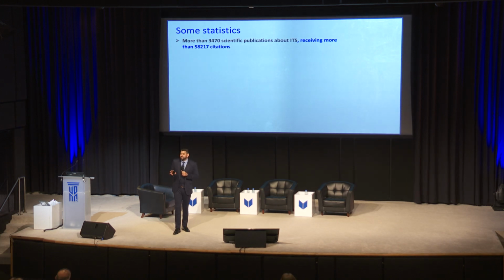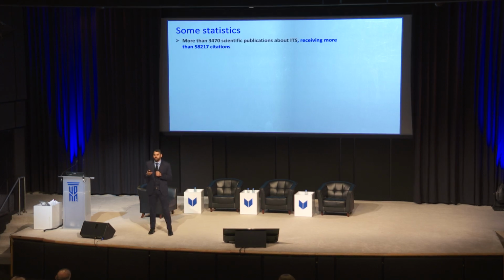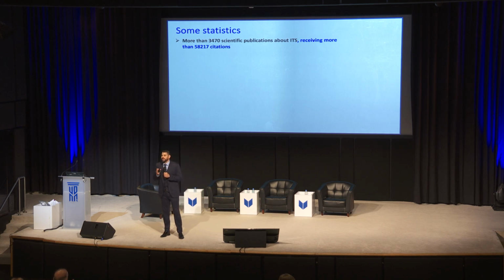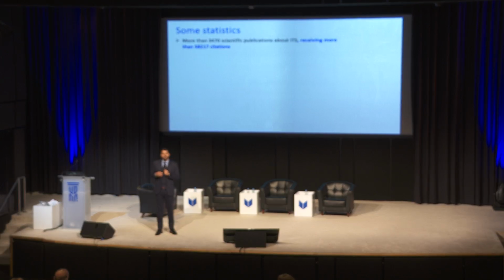I have some statistics about the use of AI and ITS in universities and colleges. These statistics are in a randomized order, but the idea is to give you a sense of how AI is used by students and teachers around the world. We start with the number of publications on this topic. We have more than 3,470 scientific papers published on intelligent tutoring systems, so it's a very hot research topic.